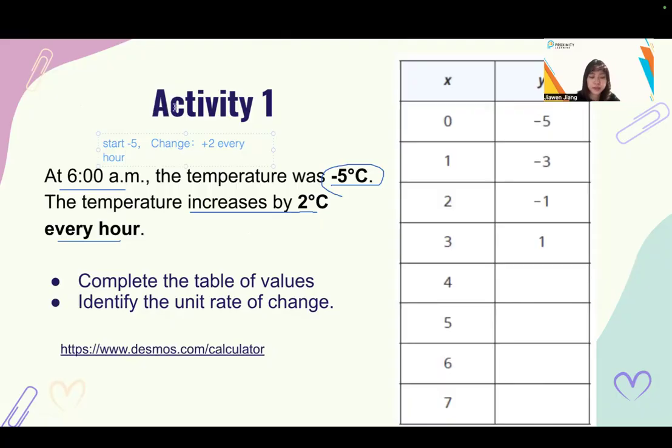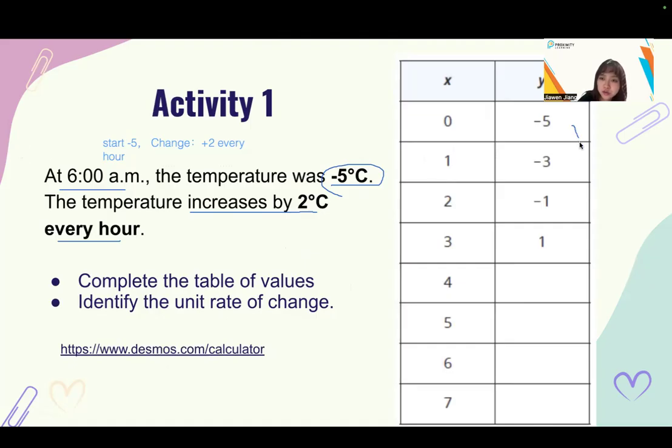Now I want you to finish the rest of the table. I already gave you some of the numbers here. Try to find the values from time equals 0 to time equals 7. You can use the decimal calculator, and I'm going to send you the link in the chat box. Each time, this is 1 hour, 2 hours, right? So each time we add two.